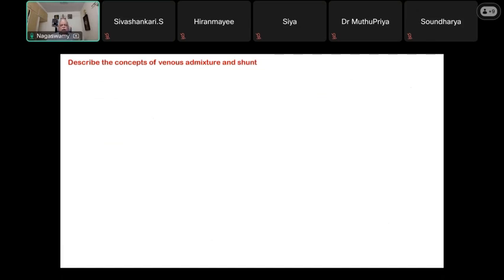So it is a venous blood with extra oxygen but not fully oxygenated. Whereas shunt is a condition where venous blood without getting exposed to oxygen drains fully back into the pool of oxygenated blood to reduce the total oxygenation in the body. That is called the shunt.